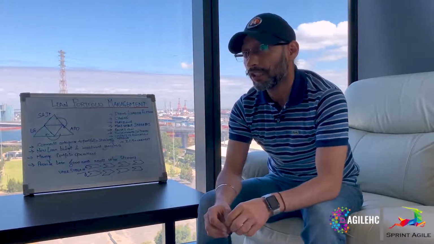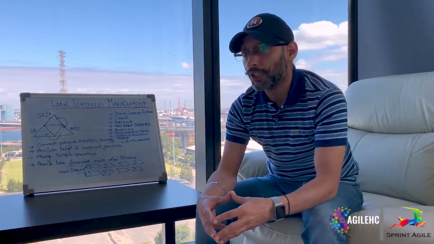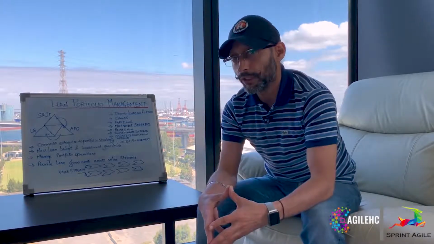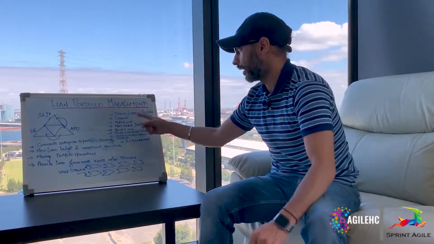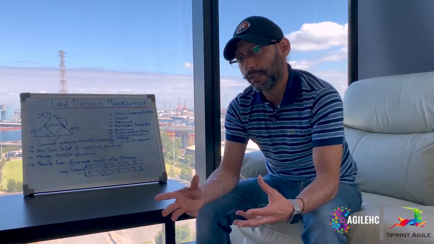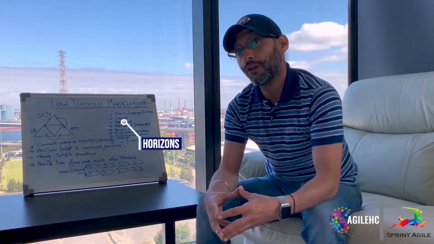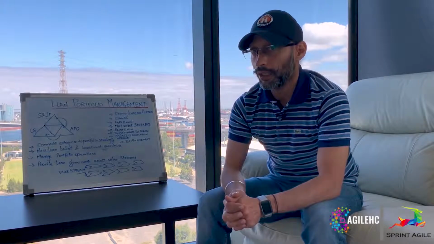The second one is putting those ideas or your scope items into something called a portfolio canvas for all the high stakeholders to have a look at it and work through with business owners to solve all the impediments and continue to fund that through. And the funding model that is used is the horizons logic, which is the 3 horizons strategy, and all that funding happens in SAFe as it recommends through this horizon strategy.